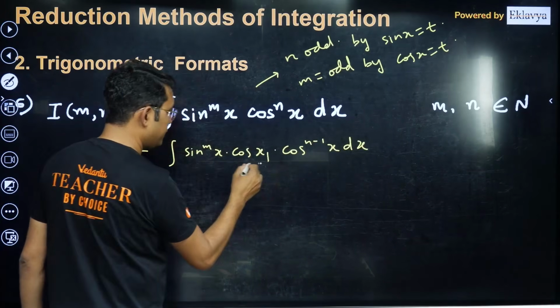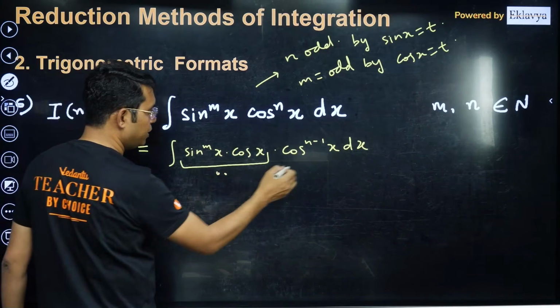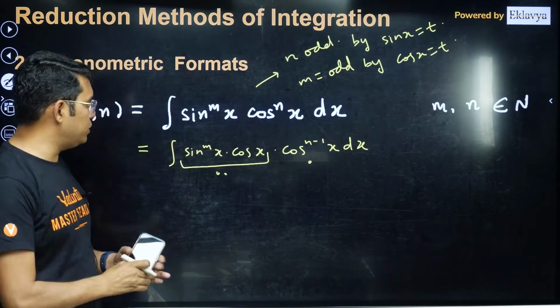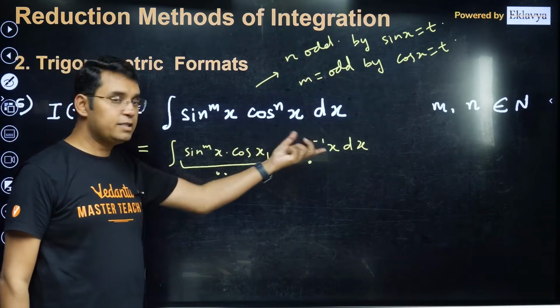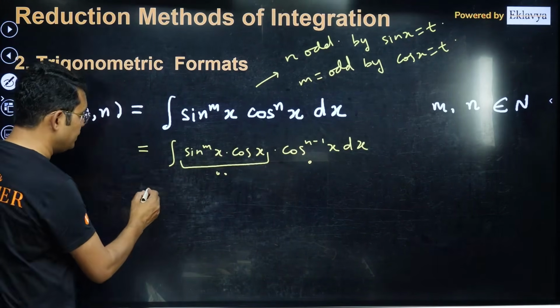Now you can see, if I take this as a second function, we can do the integration easily, because taking sine x as t, cos x dx will become dt. So this integration is very easy.